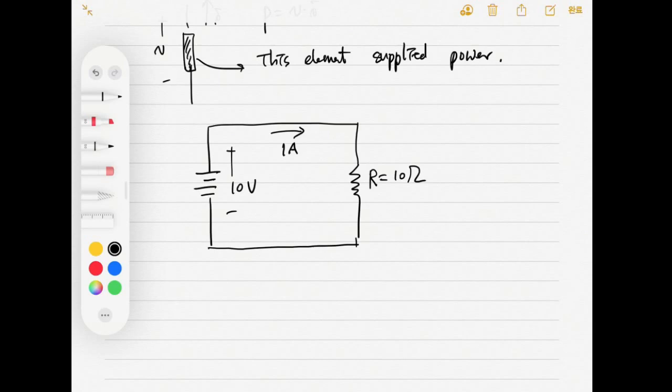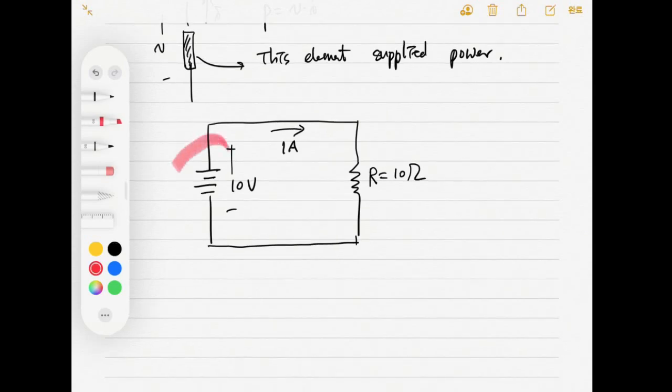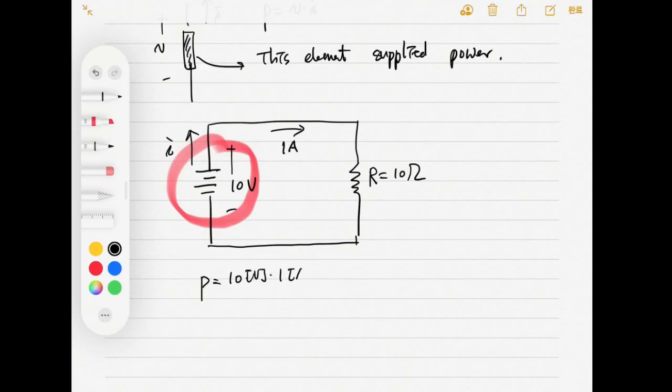Then from the viewpoint of here, current flows from this point. So the power is 10 volts multiplied by 1 ampere, which is 10 watts. Then we say the current goes from the positive terminal to the negative terminal. Then the battery supplies 10 watts.